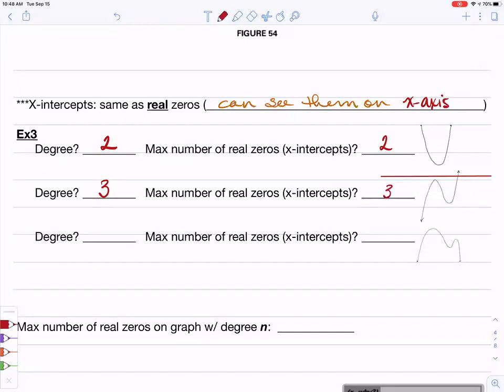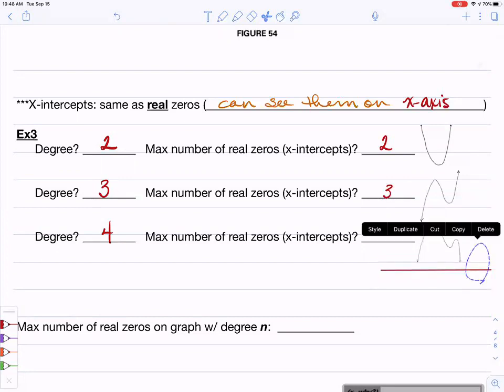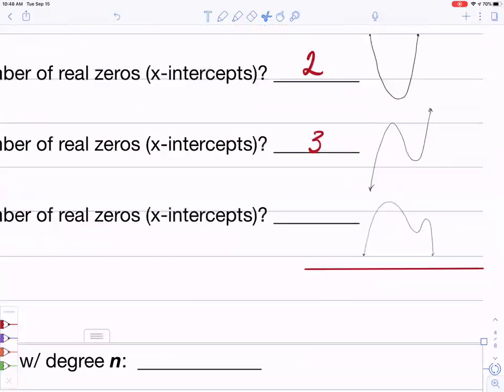Okay. And last but not least, this is where we'll be stopping today. What's this example degree here? 4. Okay, so the degree is not negative. It's the leading coefficient that might be negative. So here, let's get my x-axis here. If I'm way down here, how many x-intercepts do I have? Yeah, there's 2.